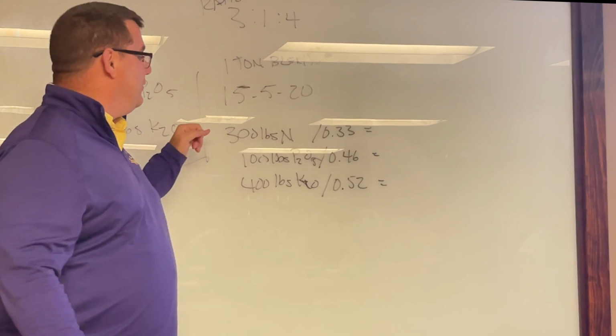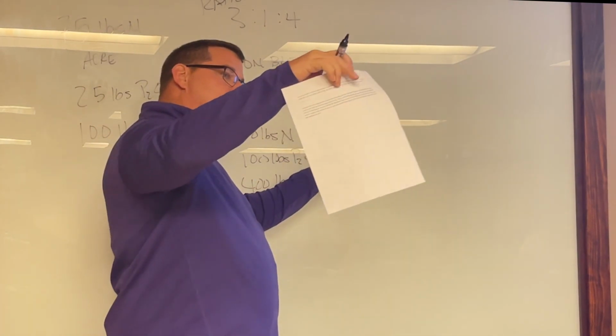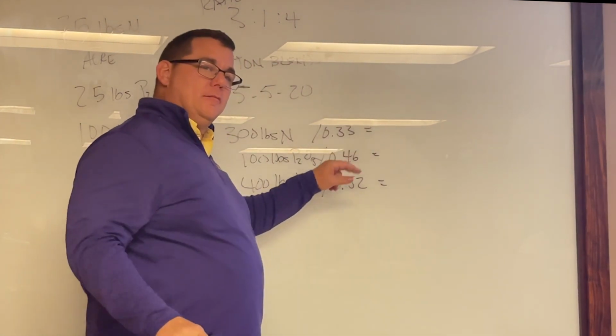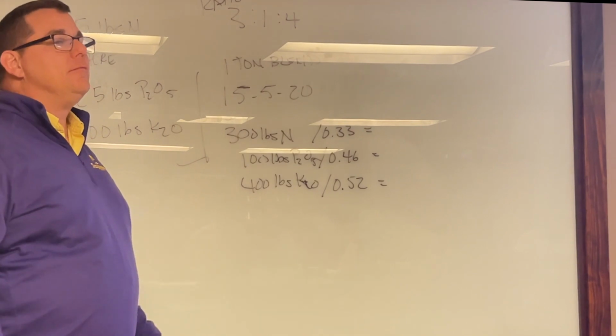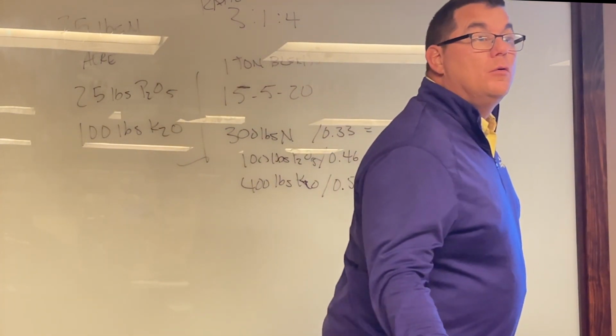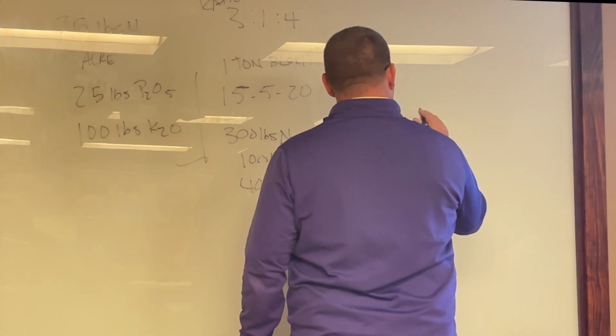How many pounds of 33-0-0 do we know? I got this 33 from these values on this paper, right? How much? 109.1. 900.